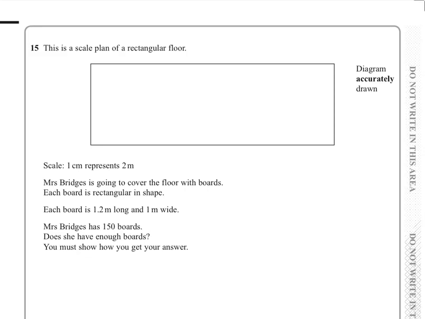What I can say is that if 150 boards are used by Mr. Bridges, then we can at least say that we've got 150 times the dimensions of each board, and we can convert those into centimetres. So we can say 150 by 120 by 100.